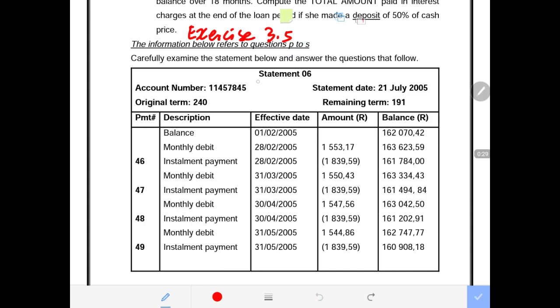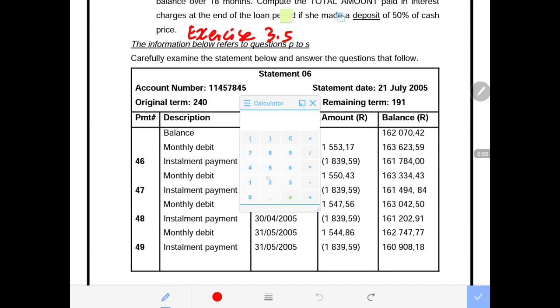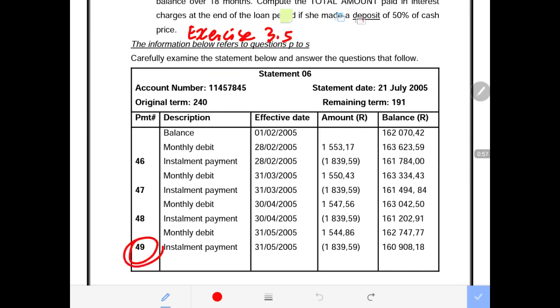It is the sixth statement, and we have a very important term, which is 20 years for the statement agreement. Then the remaining term is 191, and if that is 191, that means we can know how many payments are already made. That means we can know that 49 payments are already made, which also agrees with this statement.